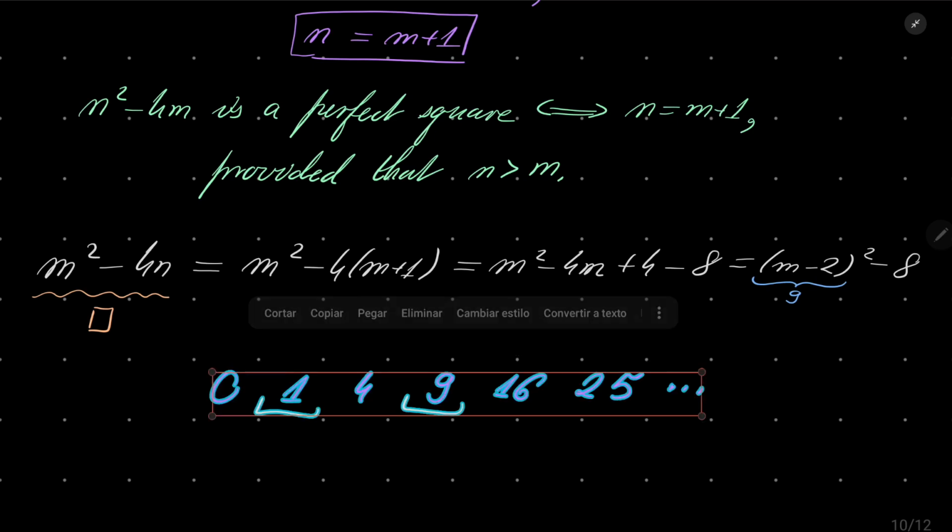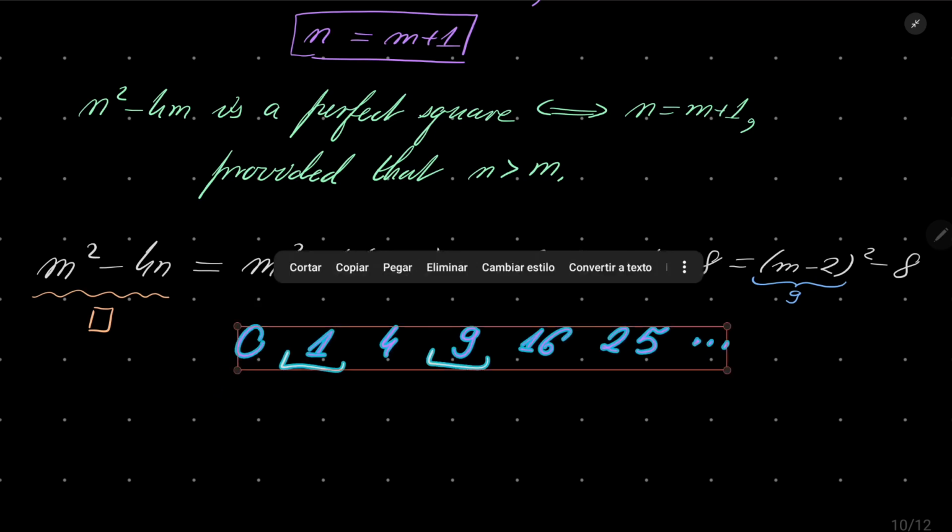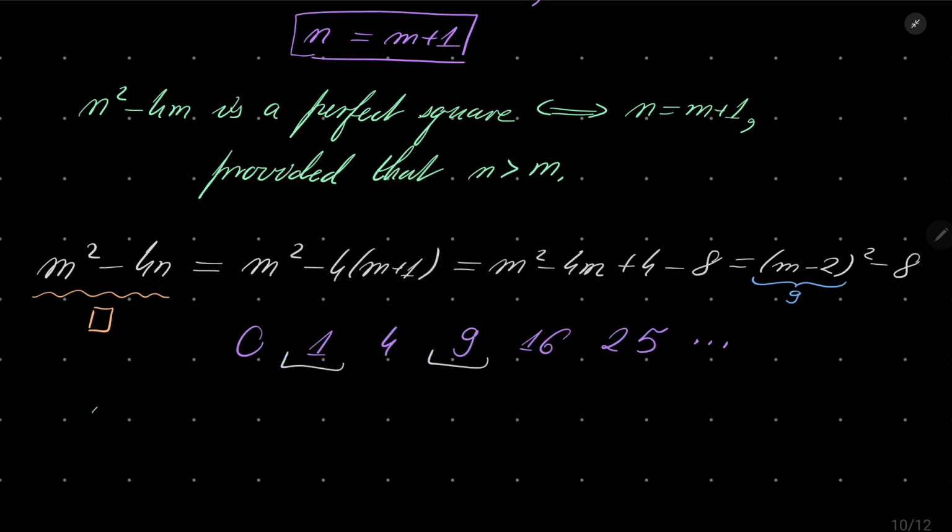So let's write it. m minus 2 must be equal to 3, m equals 5, and so n equals 6. Okay, and that's the only possibility, 5 and 6.